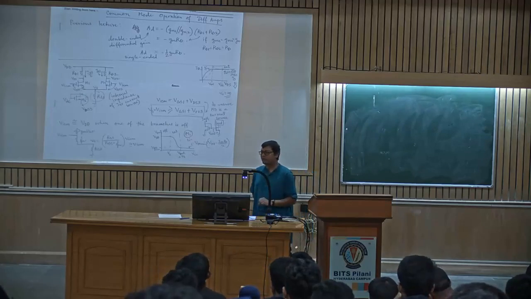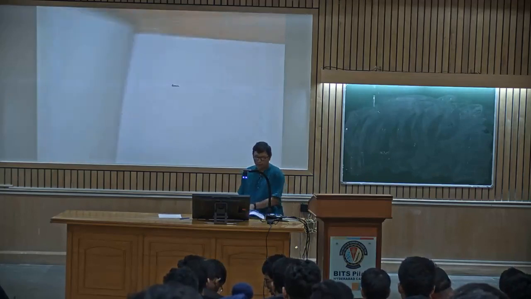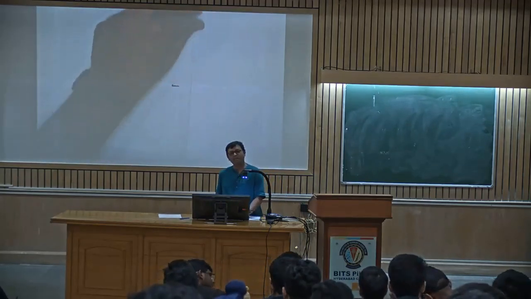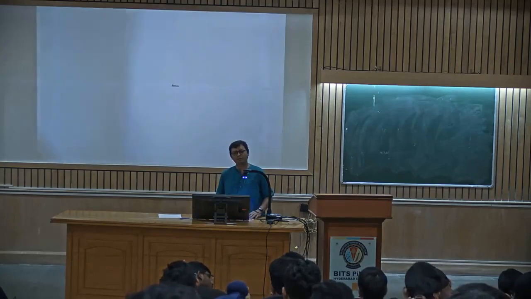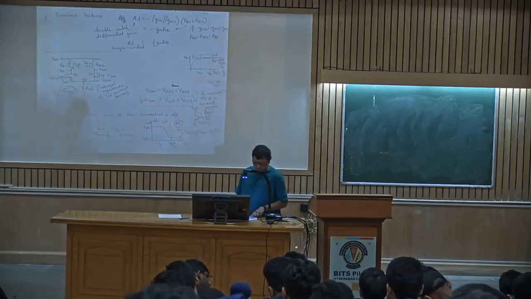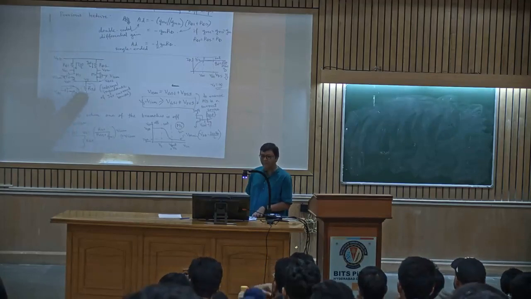The better your current source, the better will be your noise immunity. If you want an op-amp with a very good CMRR, which will totally reject all the noise, it is possible only when this RSS is infinity. That means as a circuit designer, you should be concerned about perfecting the current source.